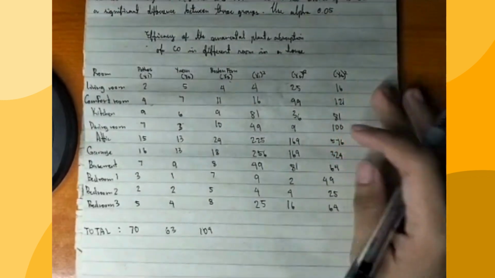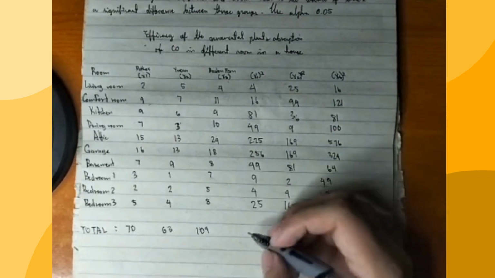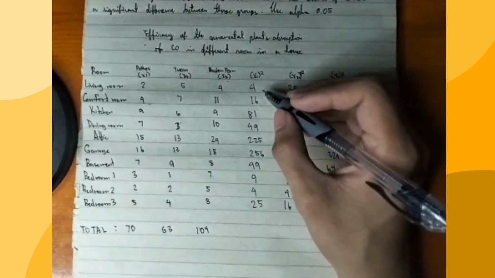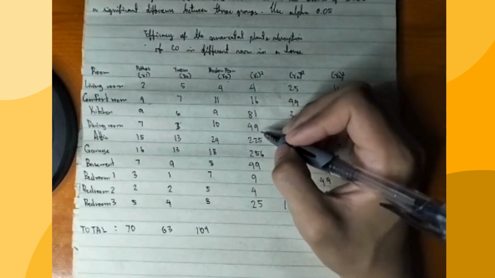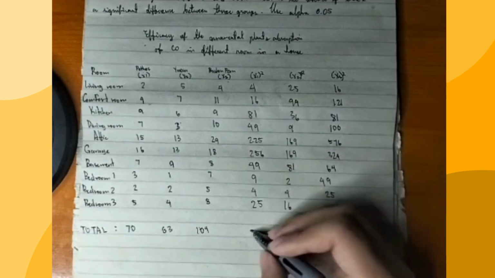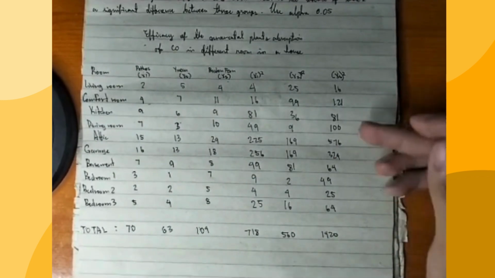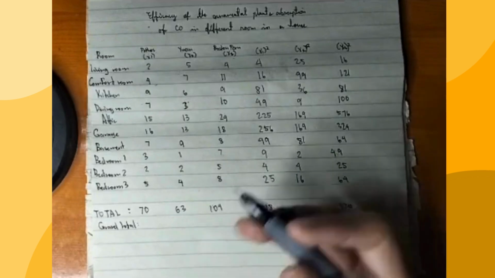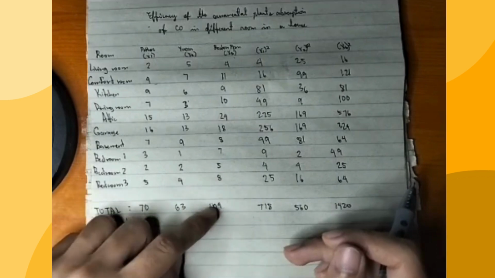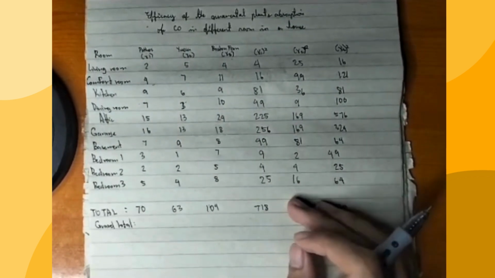And then we're going to also add these squared values. So in this x1 squared, we got 4 plus 16 plus 81 plus 42 plus 225 plus 256 plus 49 plus 9 plus 4 plus 25, we got 718. And we got also the x2 squared and x3 squared. And then next we're going to solve for the grand total. So we're going to sum these groups and the squared groups as well.